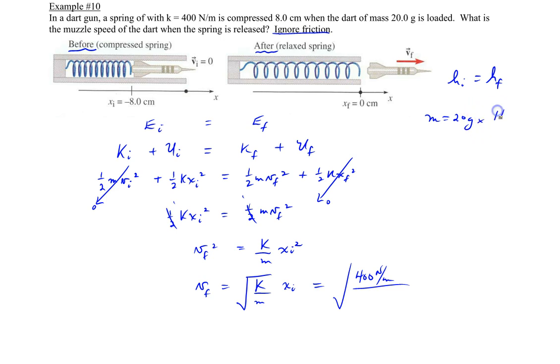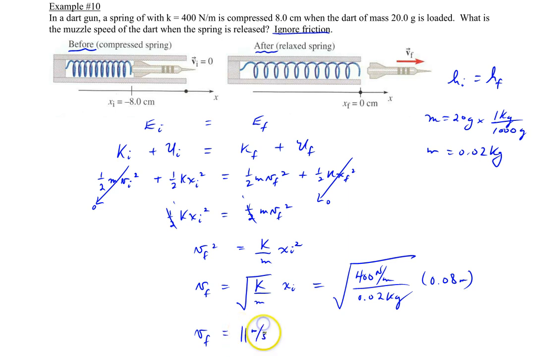So remember, there are 1,000 grams in 1 kilogram, so that's 0.02 kilograms for that mass. Then we're going to multiply this by the displacement from equilibrium, which is 0.08 meters. So this is going to give you a final answer of 11 meters per second, and hence this is the muzzle velocity.